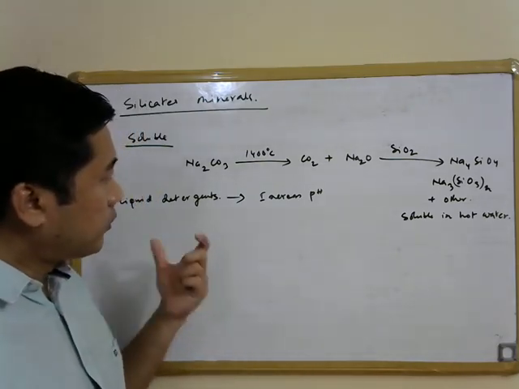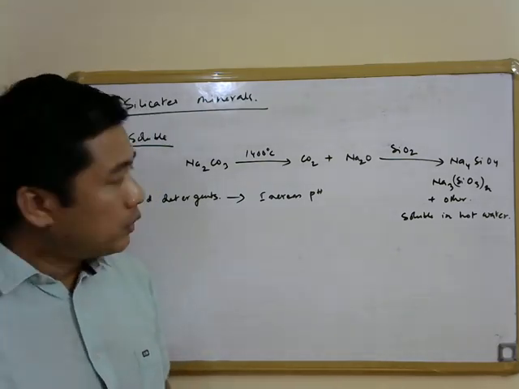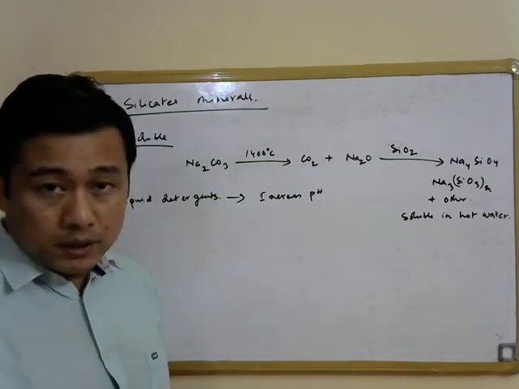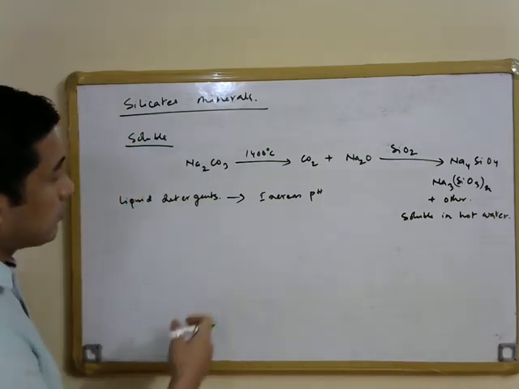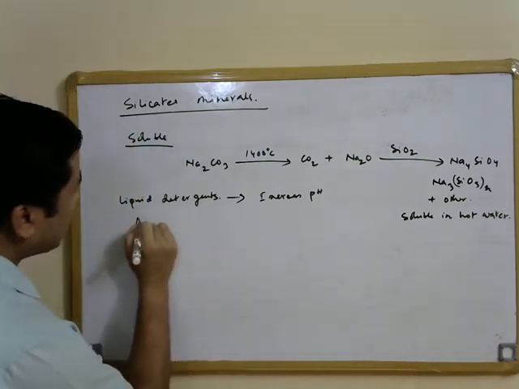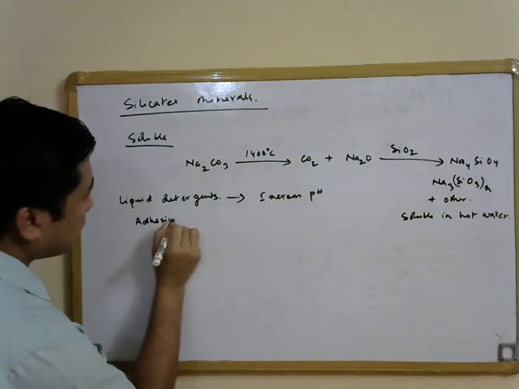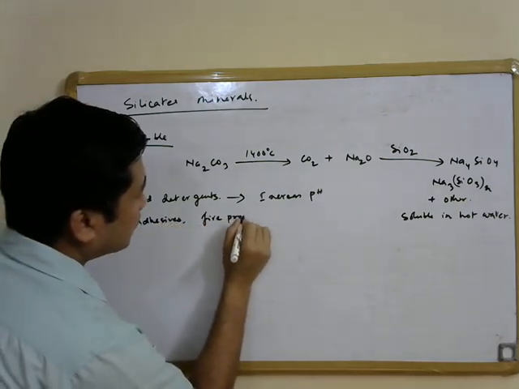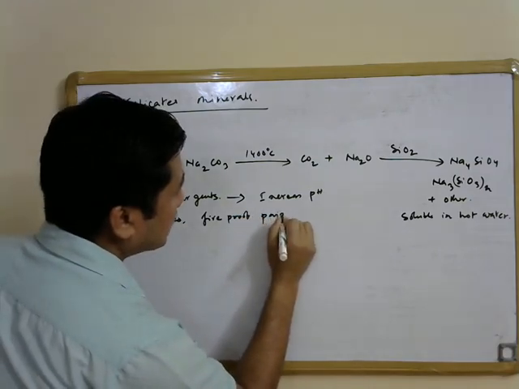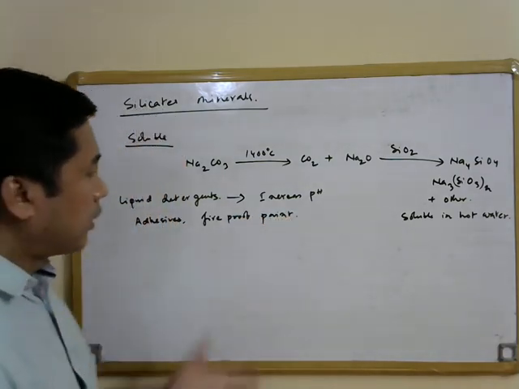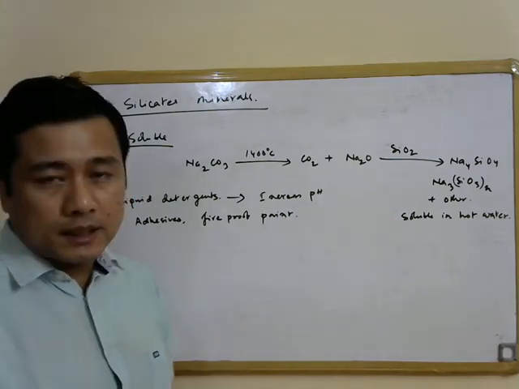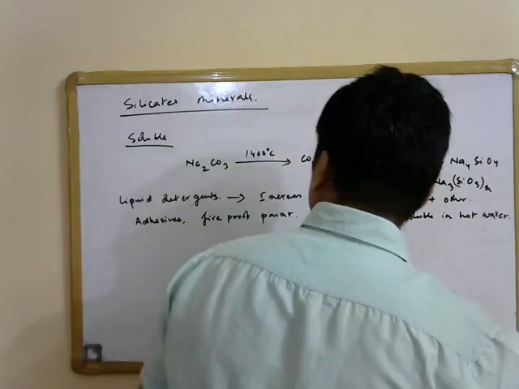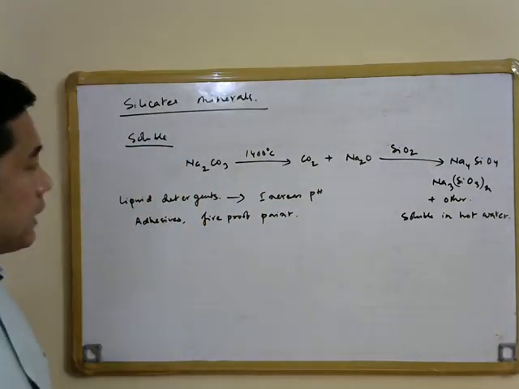So this is one major application of soluble sodium silicate, and that is why it is produced in millions of tons every year. Apart from that, it is also used in adhesives and fireproof paint. In all of these applications, soluble sodium silicate is used. So this is one example of soluble silicate.